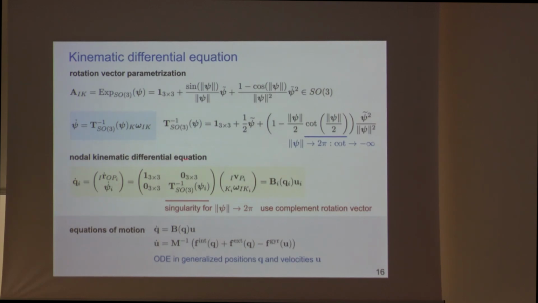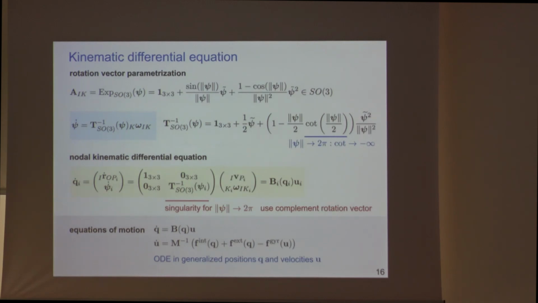And there is a way to resolve that. One can jump back and forth between the rotation vector and the complement rotation vector, which is basically: one time we measure the angle from that side and then we measure it from the other side. And that's one way how one can resolve it.